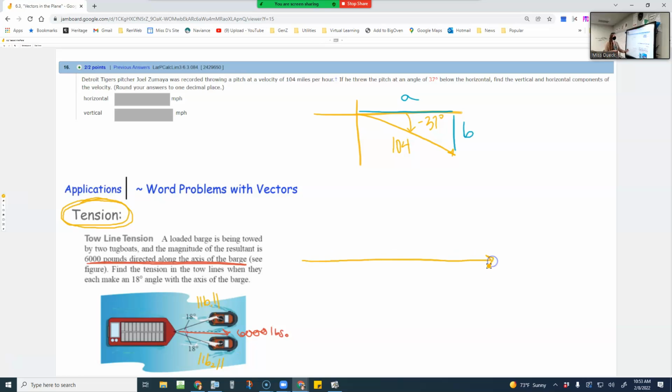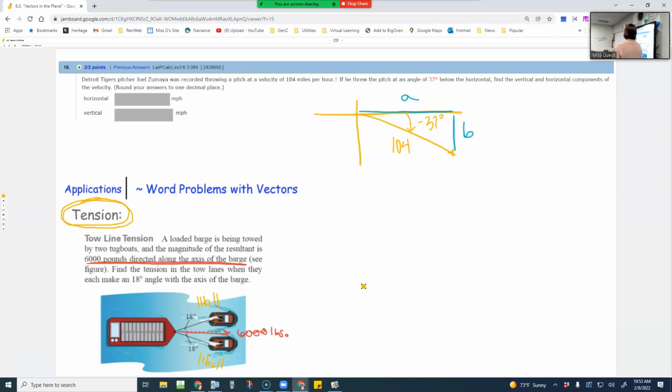How long is 6,000 compared with how much those barges are pulling? I don't know how much the barges are pulling, so I can't totally make the picture. So even if I come down here, 6,000 is like this bigger one. I don't know how hard or how far or how long to make the barges. That picture would have been great if the 6,000 was here. But that's saying each one was pulling 6,000, which they're not.